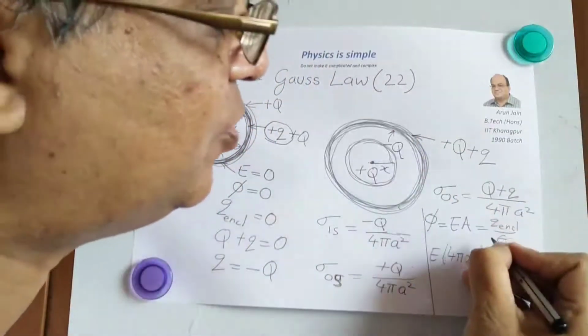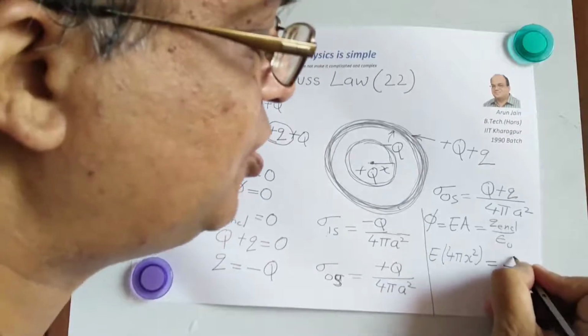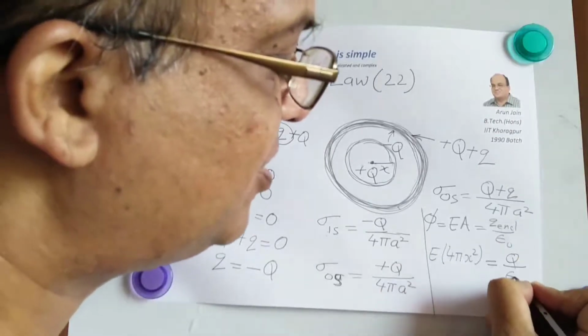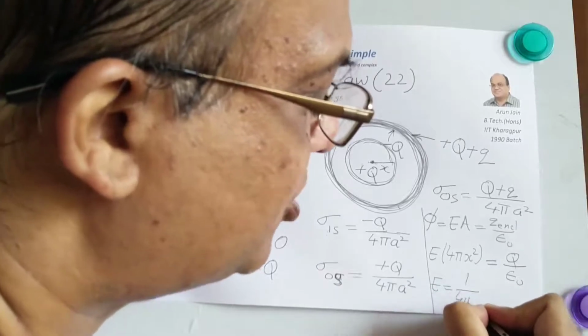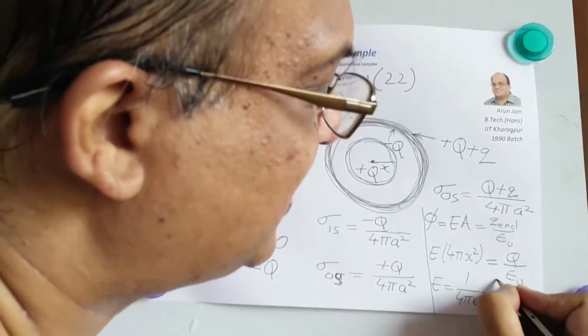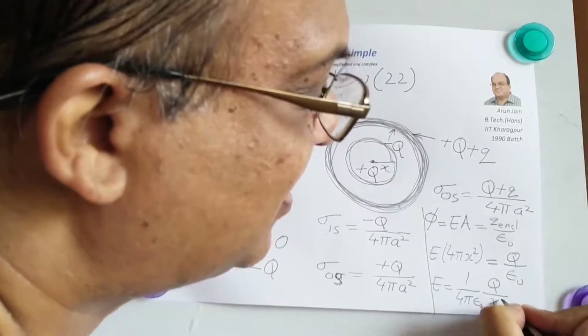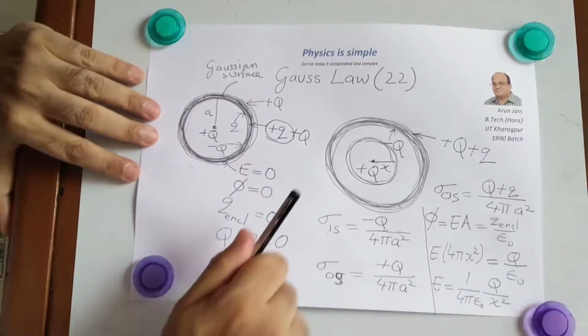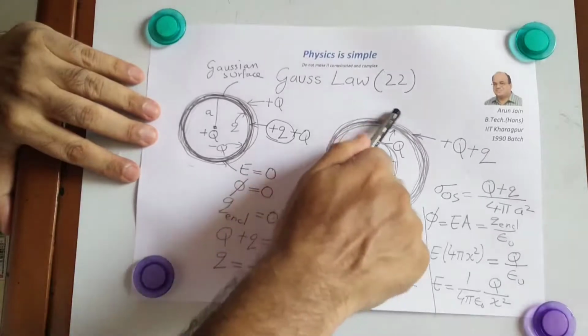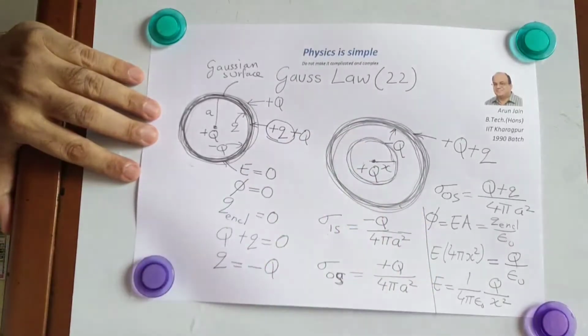All outside things don't come into the picture. So just Q by epsilon naught. Therefore electric field will be 1 by 4 pi epsilon naught, Q by x square, in both the cases, because in both the cases the charge enclosed by that Gaussian surface is Q. What is happening outside does not make any difference.